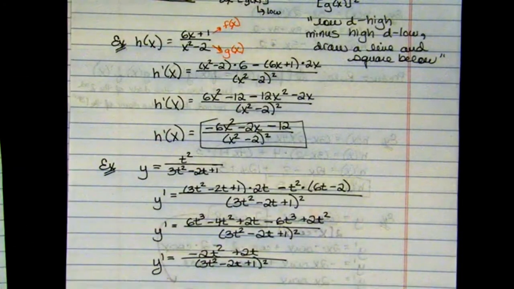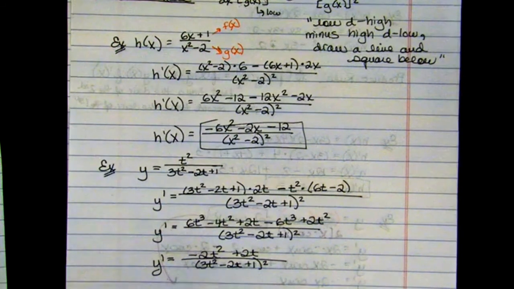And that's our simplified derivative. Y prime equals negative 2t squared plus 2t all over 3t squared minus 2t plus 1, that thing in parentheses, squared.